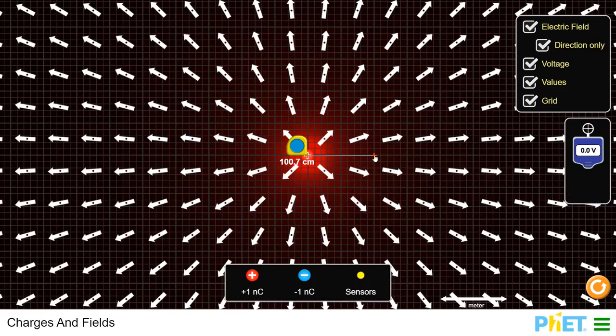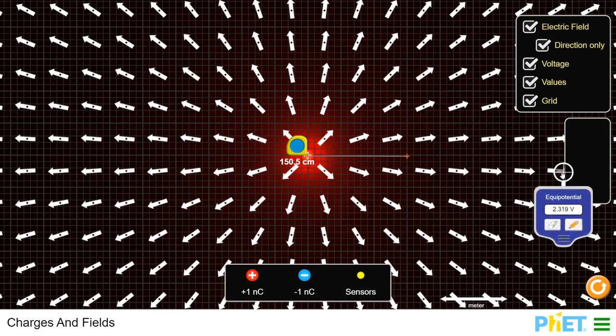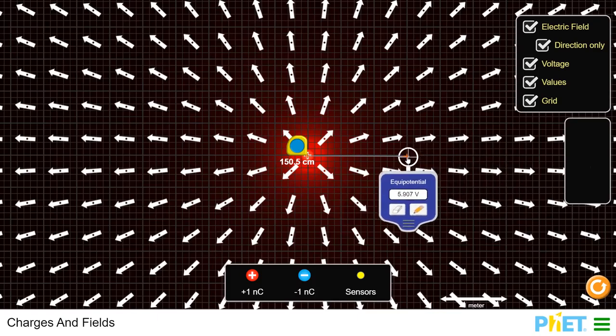Then we have 150 centimeters. So I have 150, then we will use 150.5 centimeters, or 1.505 meters.